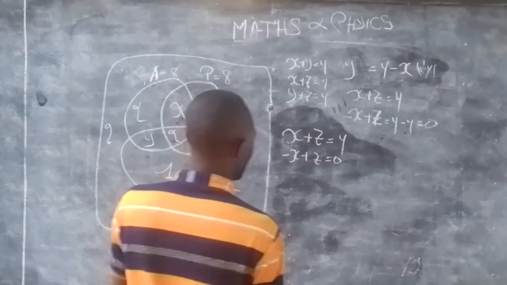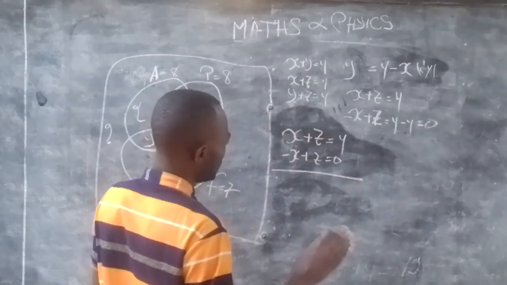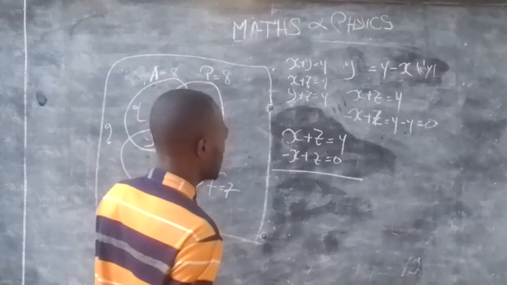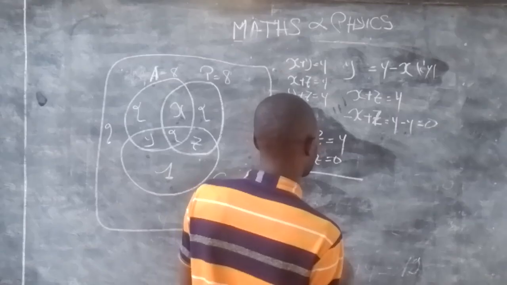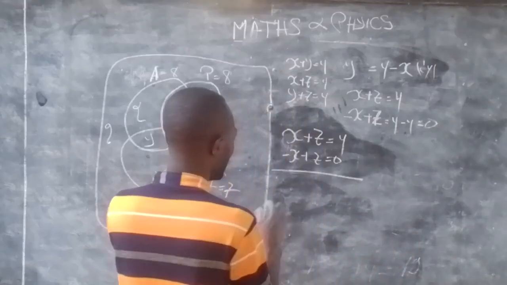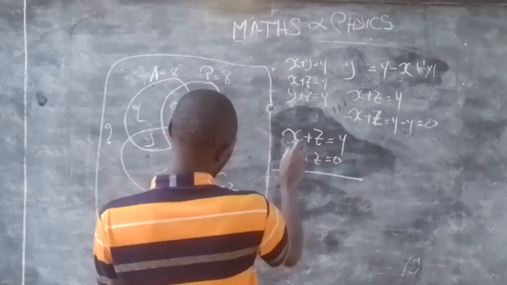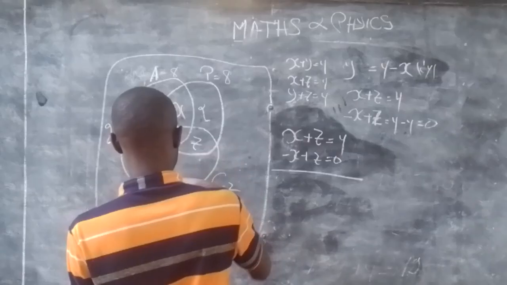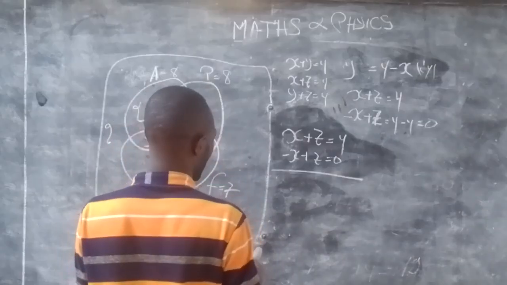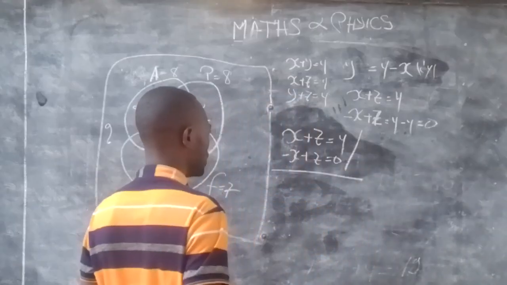So here we are going to use the method called the elimination method to find the value for x or for y, which helps us to find the value of one among the three we have here. It will help us also to find the value for each of x, y, and z.